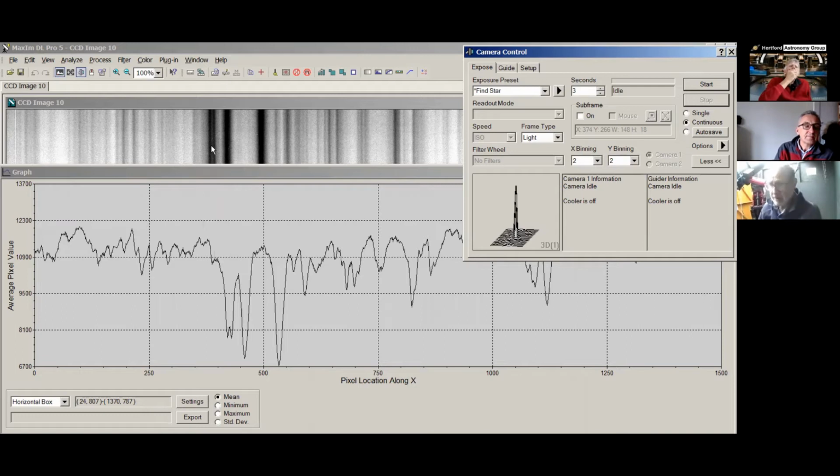Now, I've not seen this before, and when you look, I'm looking at the chart now, and it's definitely not on the chart. It's appearing as a dark absorption line, so that's quite interesting. I don't know what is causing that to happen, and I've never seen it before. So if anybody knows the answer to that, please send me an email.